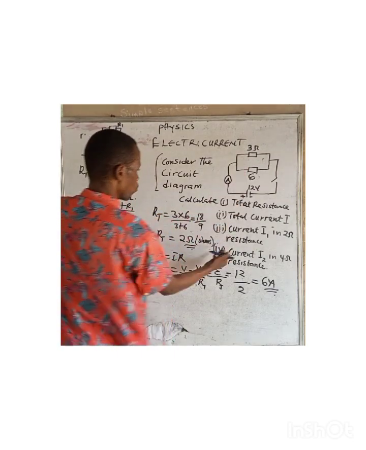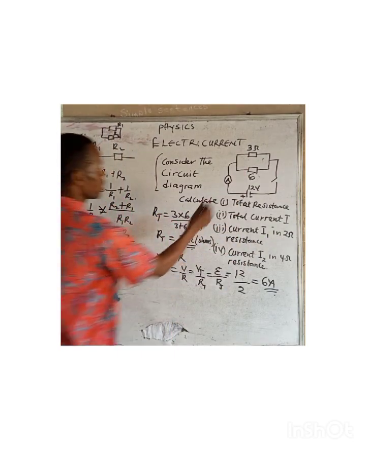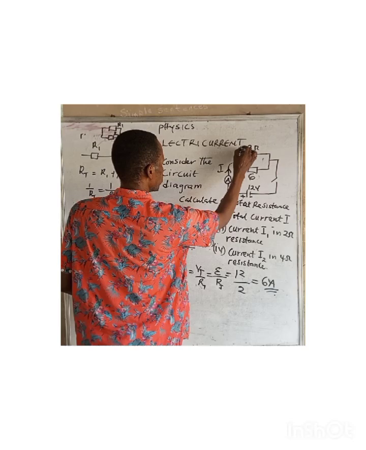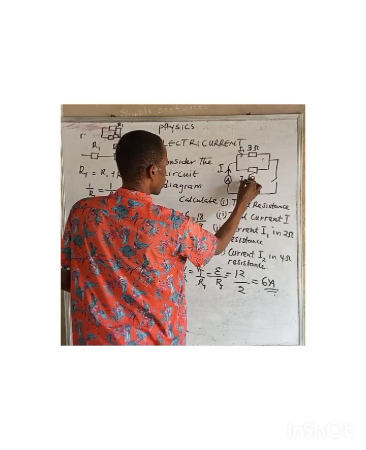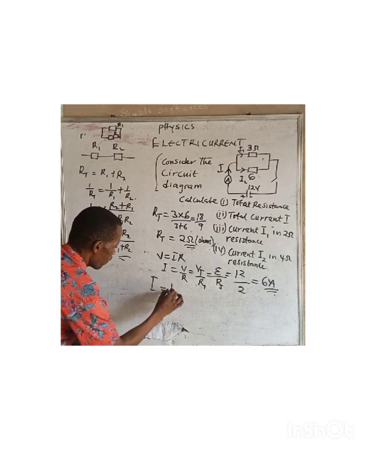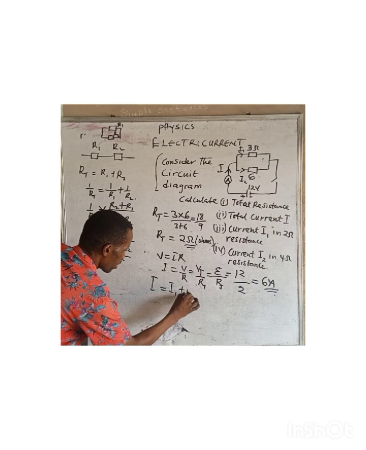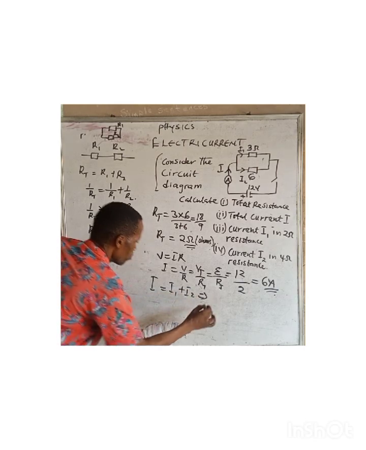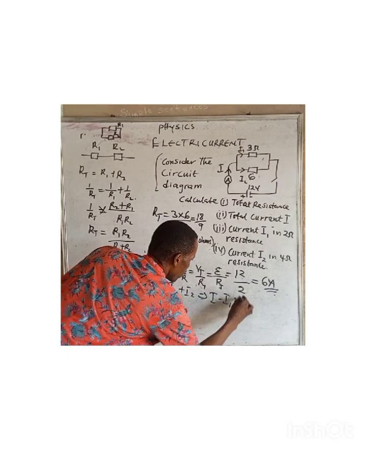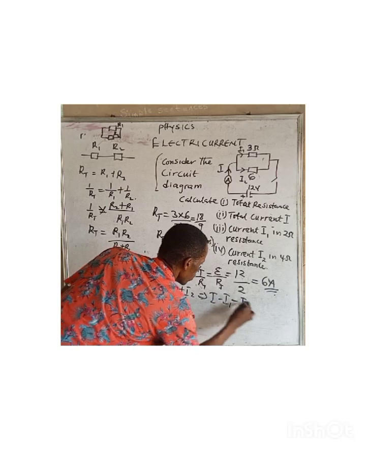Now going forward, we have to find the current in each of them. If the current I gets to this, current I1 goes to this, then I2 goes to this one. So actual current, I equals what? I1 plus I2, which implies that I minus I1 minus I2 equals zero.